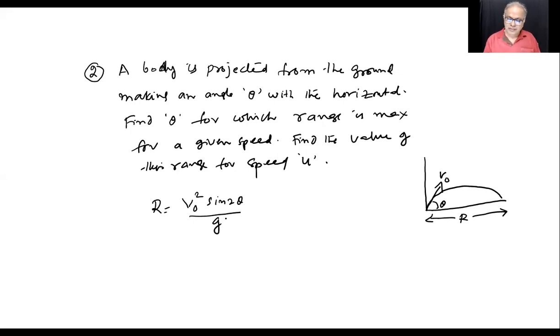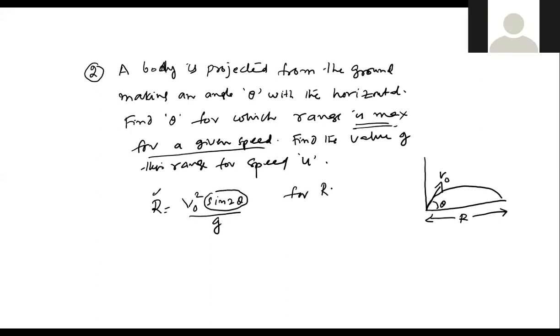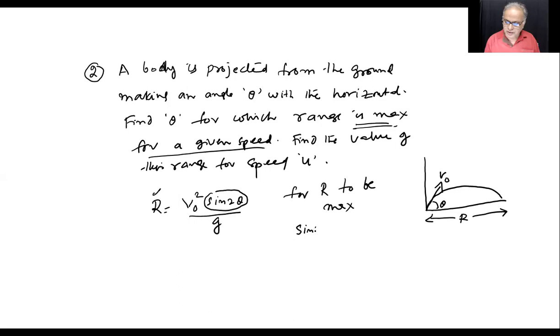Now look at children. Find theta for which the range is maximum for a given speed. So for R to be maximum, sine 2 theta should be maximum, that is 1, right?